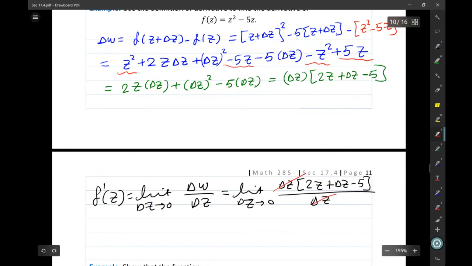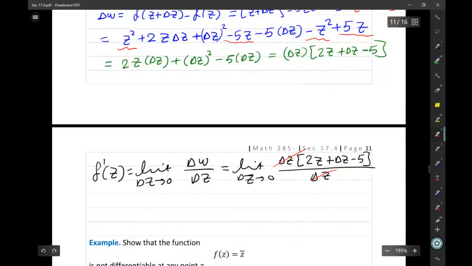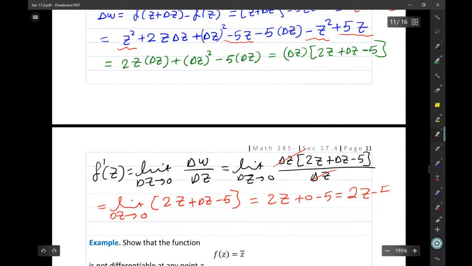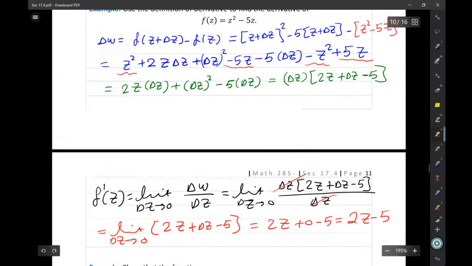So this delta z will cancel this delta z. The limit becomes just the limit of 2z plus delta z minus 5 where delta z approaches 0, which is equal to 2z plus 0 minus 5, which is 2z minus 5. This is according to the definition.